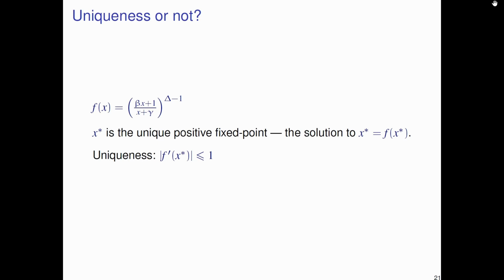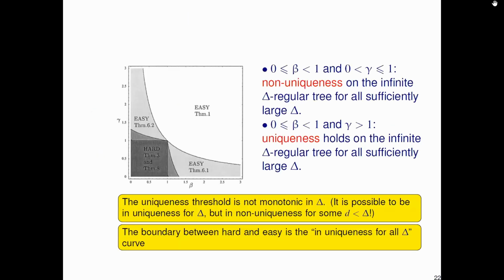So we look at the ratio of in versus out, raised to delta minus 1, because it's a delta-regular tree. So you take this function, find the unique positive fixed point, and if its derivative is less than 1 in absolute value, it's in uniqueness, and otherwise it's not. So that's something very easy to tell.